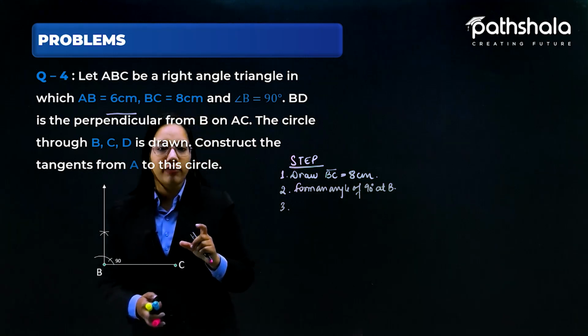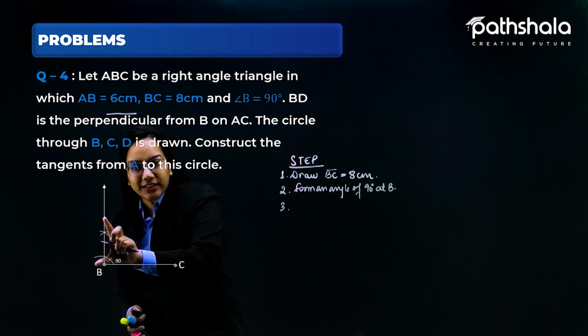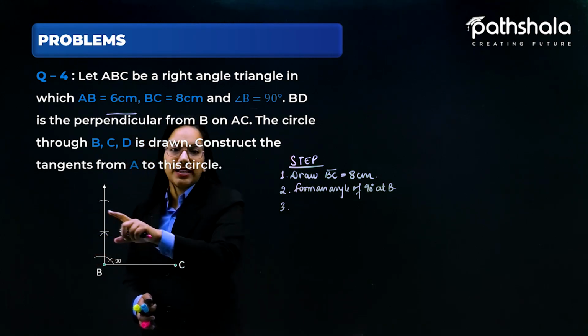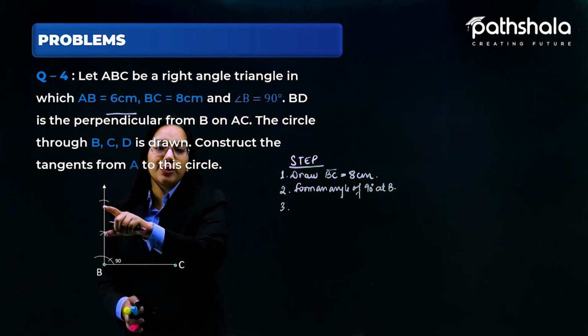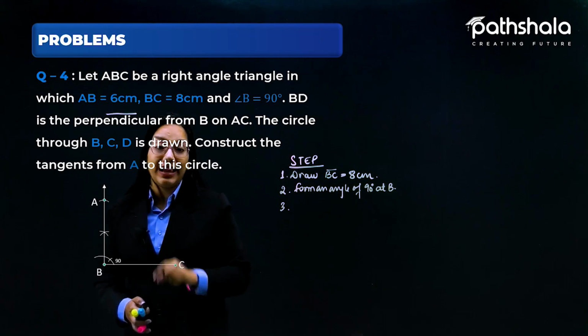So using the compass again, taking the radius as 6 centimeter, taking B as a center, mark an arc of 6 centimeter over here, and call this point of intersection of the arc and the ray as the point A.